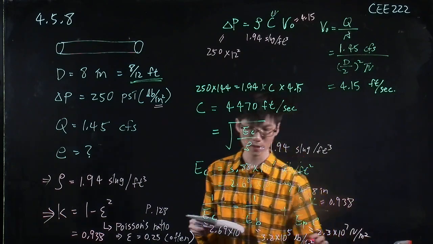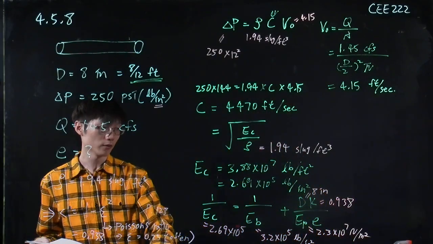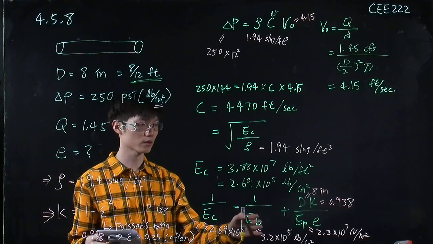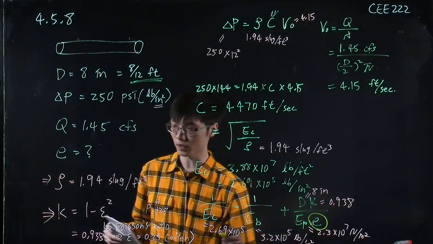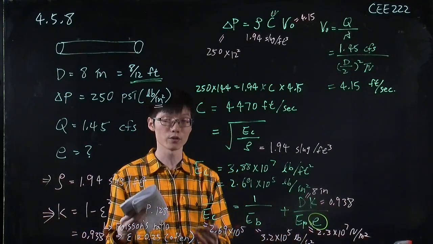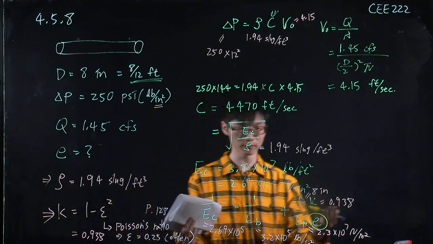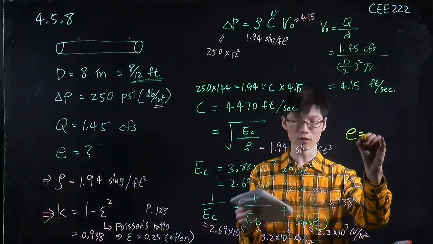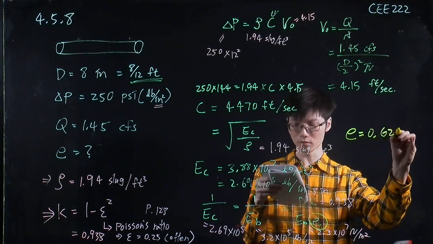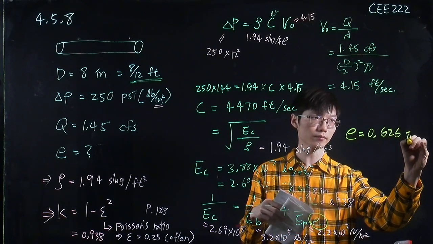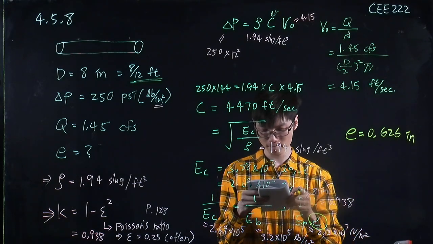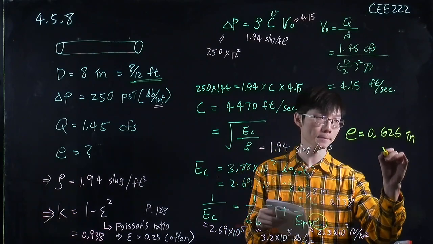Now in this equation we know every variable. The only variable that we don't know is the thickness of the pipeline, which is the parameter I will try to solve. So use your calculator and you can solve this E. That E will equal to 0.626 inch.